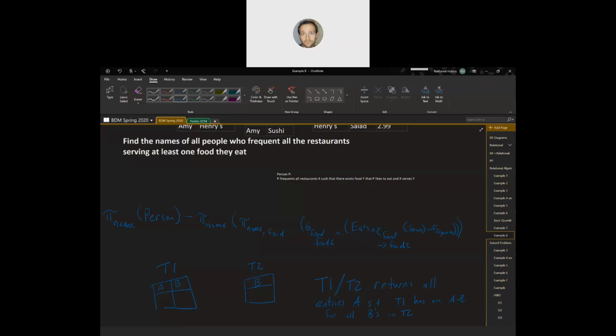You have two tables, and one table has more than one entry.